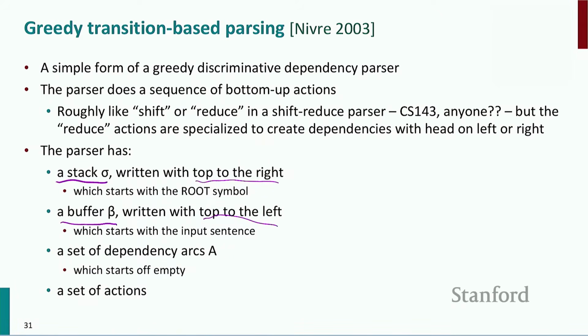And so we take actions, which are like shift and reduce actions, and when we take arc building actions, we build up a set of dependency arcs, which are going to be the dependency structure of our sentence. And that's all incredibly abstract, and so I'm going to show an example, which hopefully will give the idea.